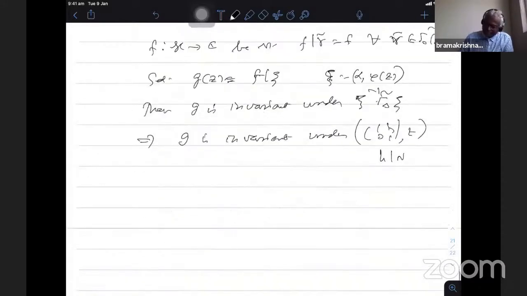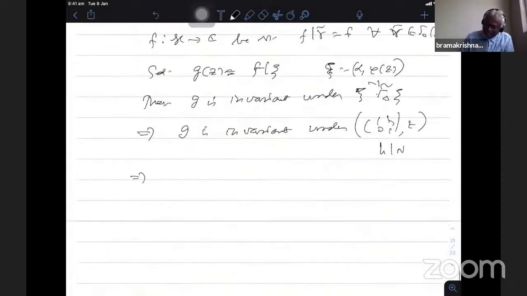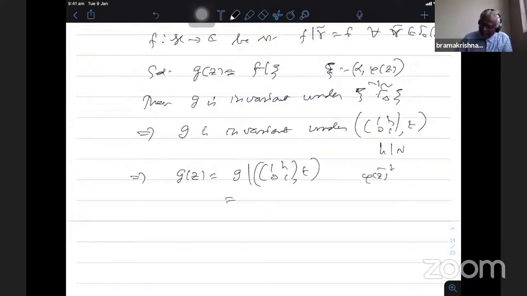This implies G of z equals G bar 1 h 0 1, t, and when you do the action, it is phi of z to the power minus 2k minus 1 times f of alpha z. That was the action of the stroke operator on any function. So in this case t is the phi of z, therefore t to the power minus 2k minus 1 g of z plus h.